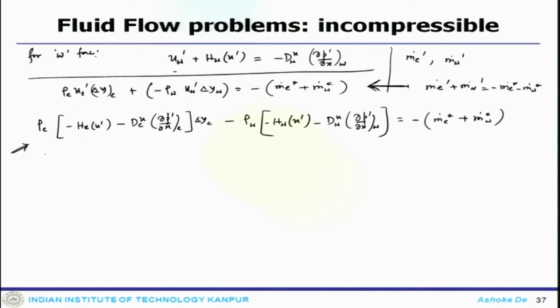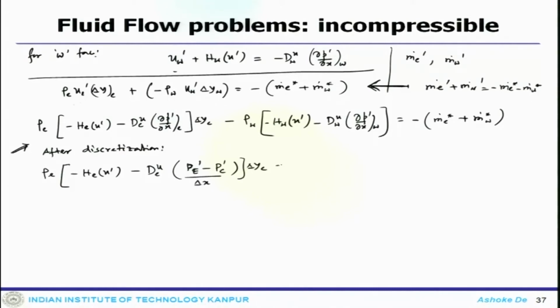So after discretization, what one can obtain is rho u minus h_e u prime minus d_e (p_E prime minus p_C prime) divided by delta x, multiplied with delta y_e, minus rho_w h_w u prime minus d_w (p_C prime minus p_W prime) by delta x at west, this is at east.